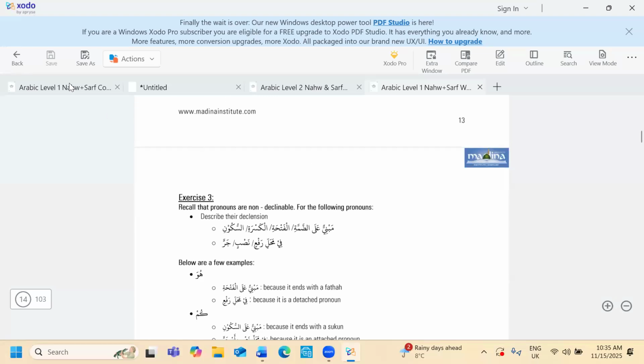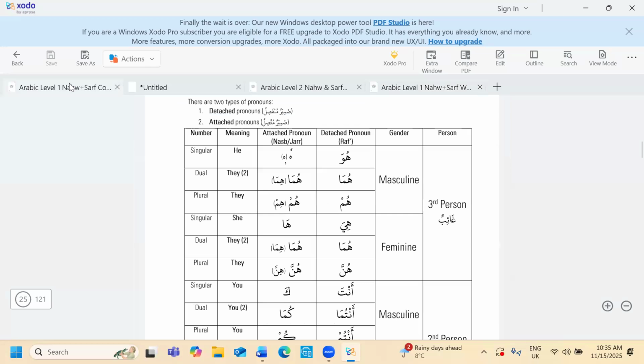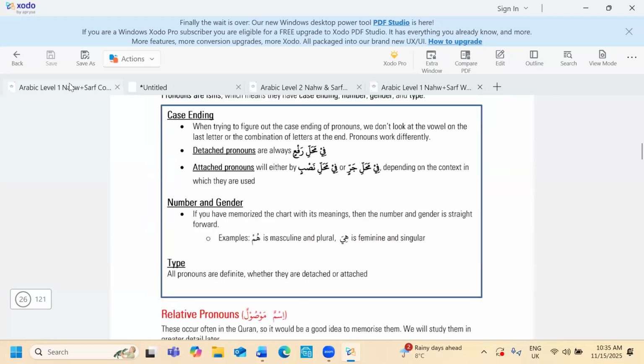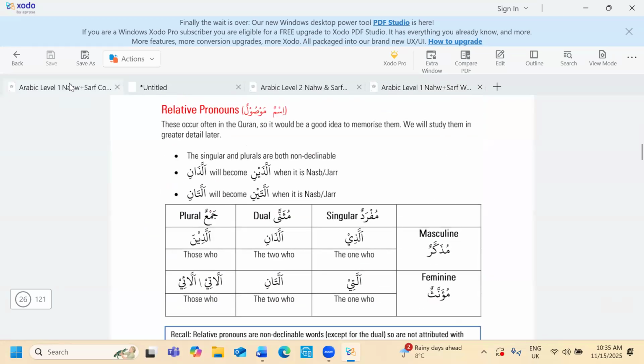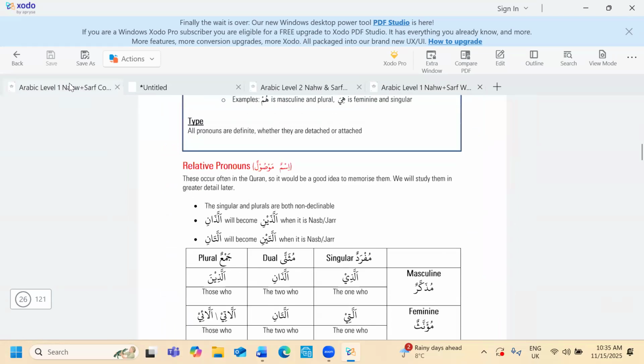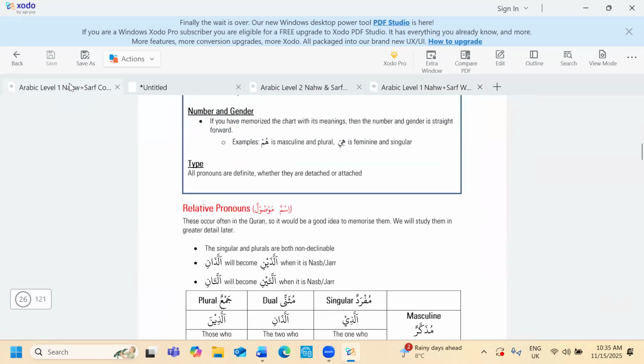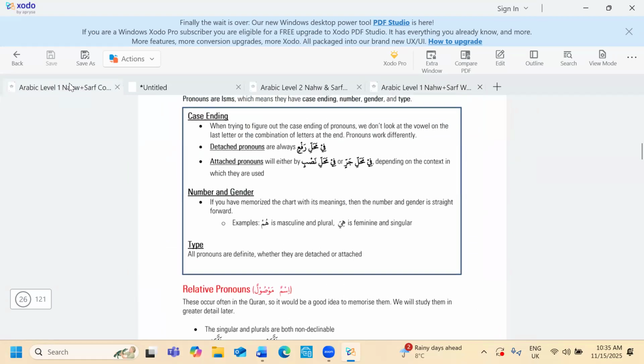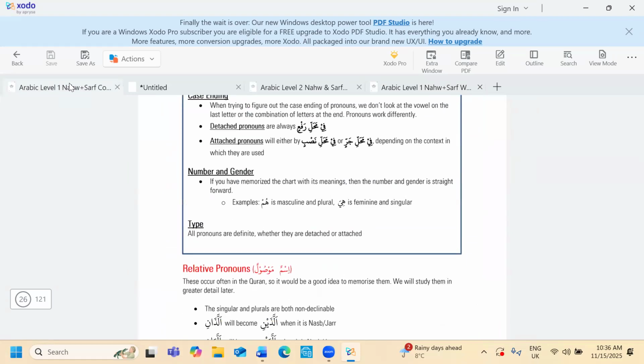Right. Anyone have any questions before we do the last thing, or one of the last things? This mahalli, what does it mean? Fi mahalli just means in the place of raf. Yes. Okay. In the place of raf, yeah. Because for mabni words, you can't directly say rafa, nasb, and jar. That's the issue.